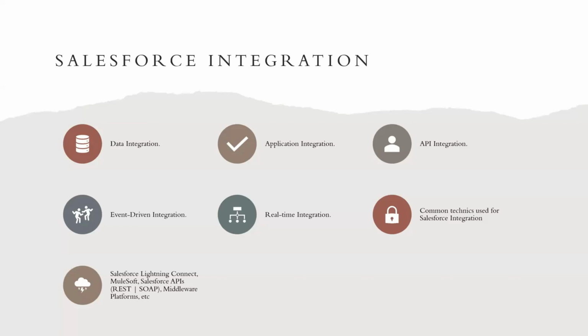The next type of integration, which is very common, is API integration. API is application programming interface, just in case you're not familiar. So these API integrations are a way to connect Salesforce with other systems or services. For example, in order to validate a customer's loan application, you probably need some data from government sites.